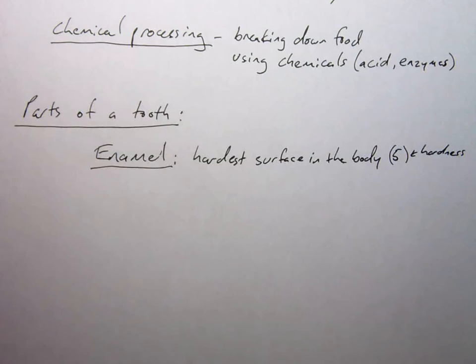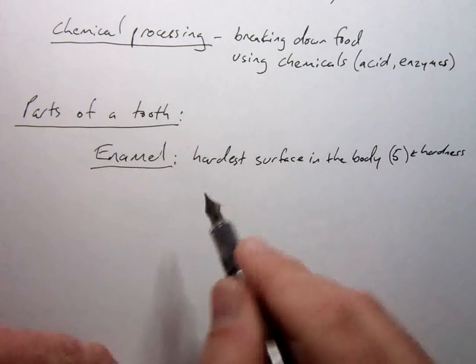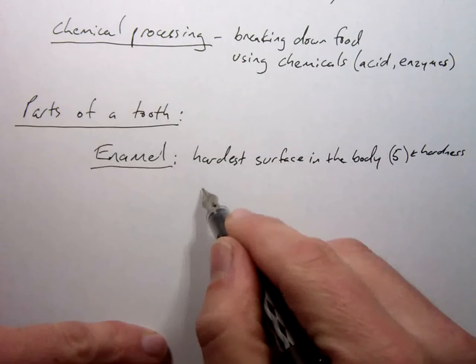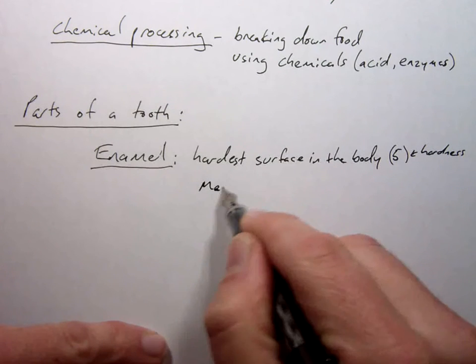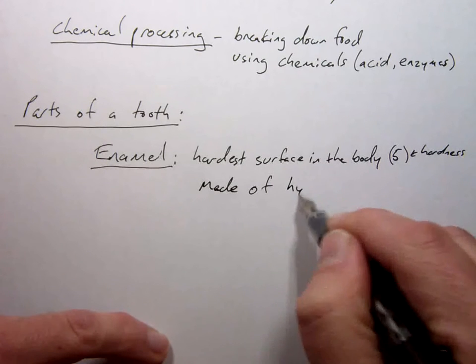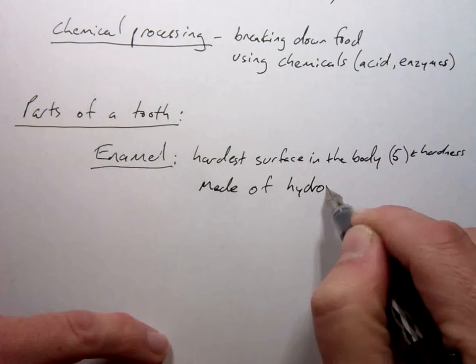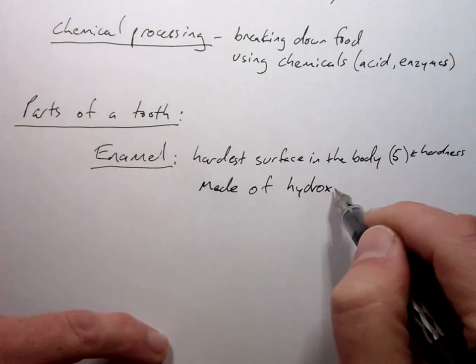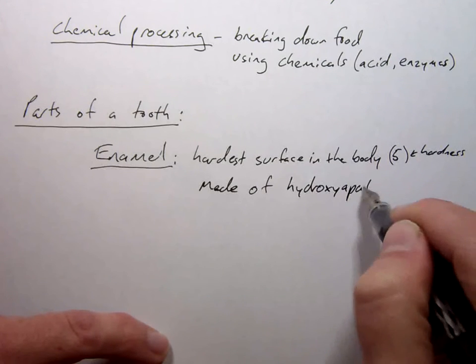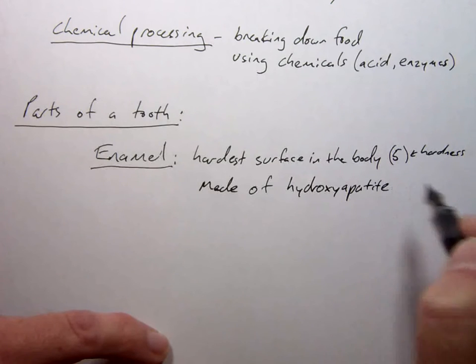Hey, everybody. Okay, so let's see here. It's made of, this is going to sound made up, hydroxyapatite. It really is. Now, apatite's not spelled the same way as appetite, like if you're hungry.